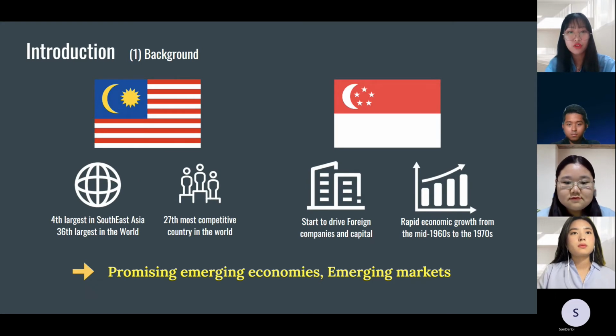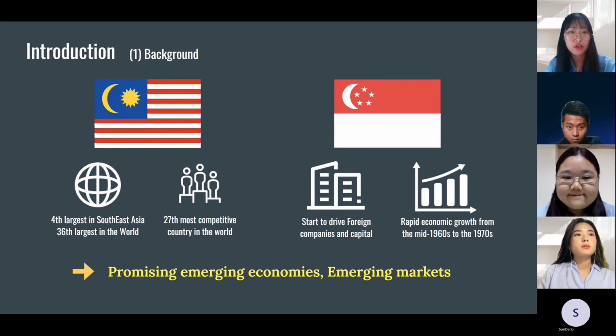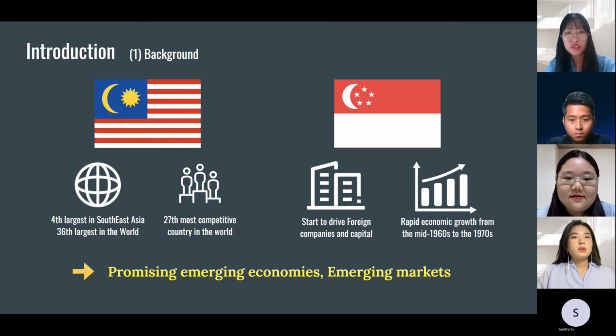This is the background knowledge of Malaysia and Singapore, which is the focus of our research. Malaysia's economy is the fourth largest in Southeast Asia and the 36th largest in the world. In addition, Malaysia is the 27th most competitive country in the world, according to the World Competitiveness Report.